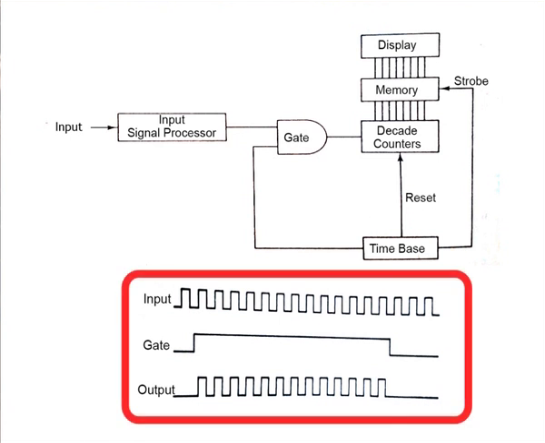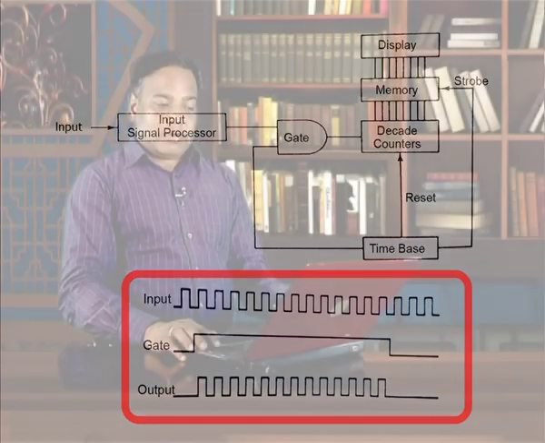As can be seen in this timing diagram, as long as the time base signal is 1, the input pulses reach the output of the gate and are accordingly counted. So, that is how the frequency meter works.